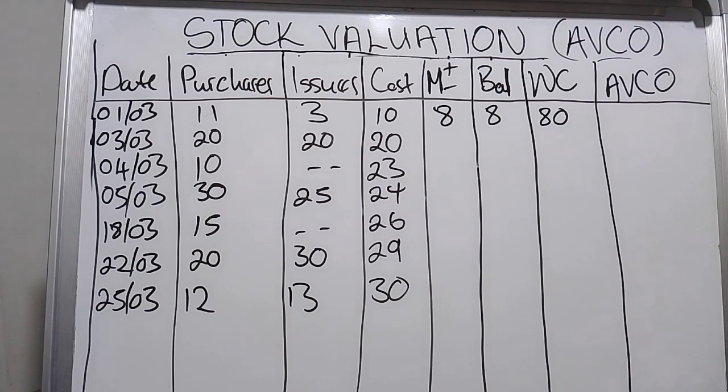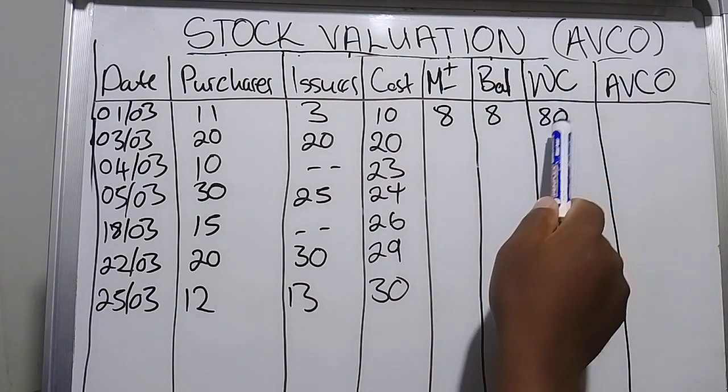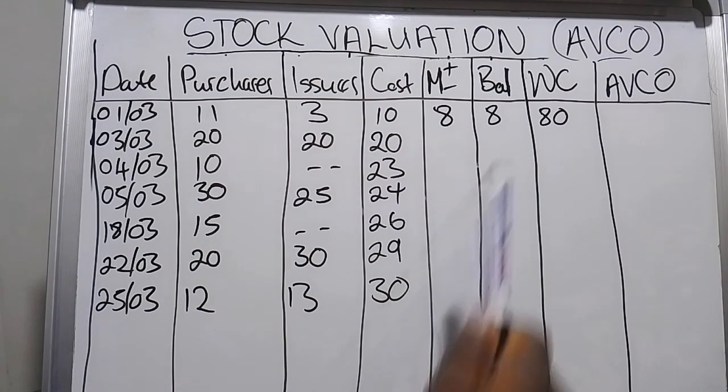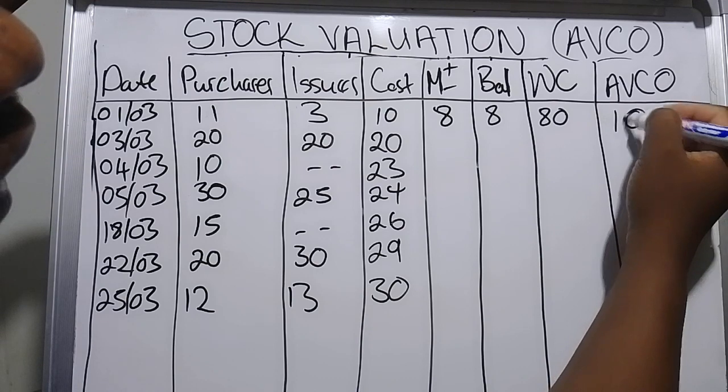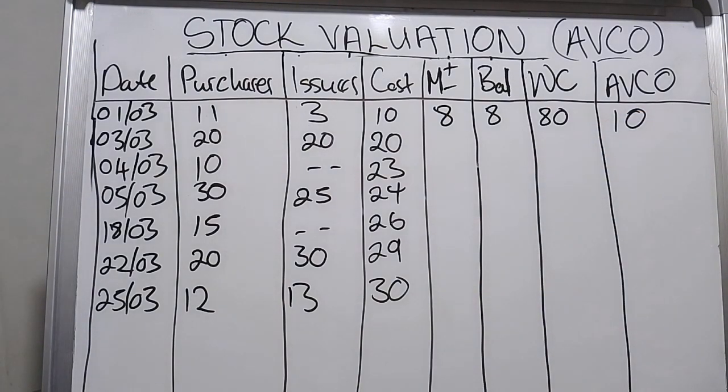The average cost is the cost per each unit item. To get the average cost, we divide the weighted cost by the balance, and here we get $10. This is for the first line.